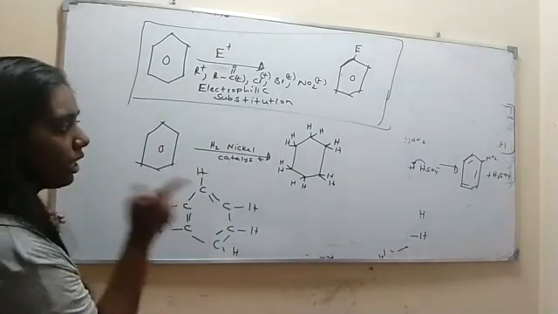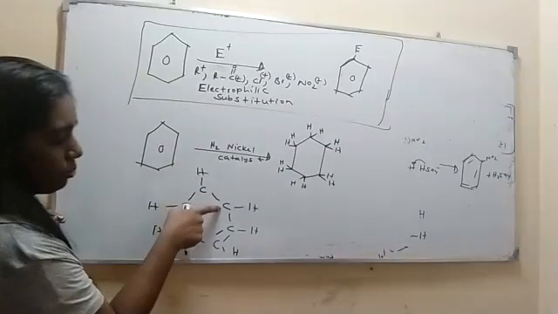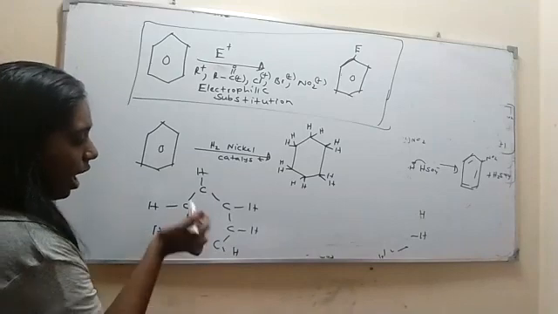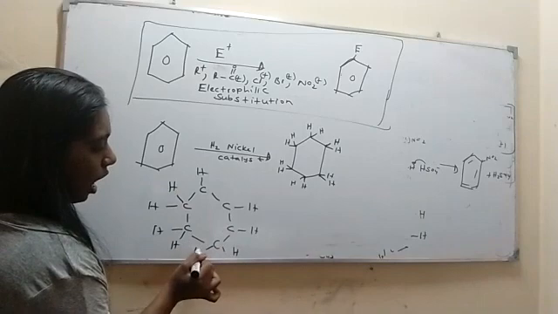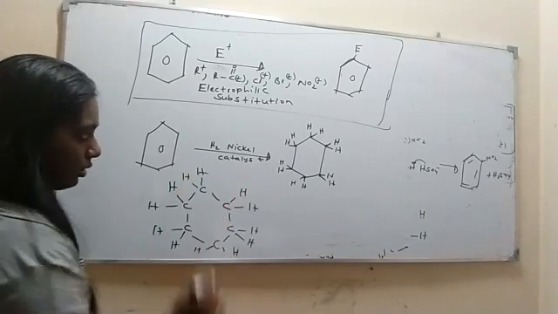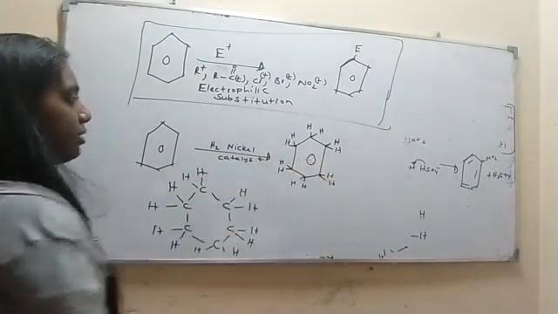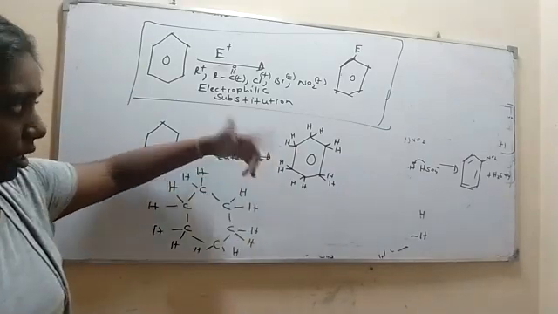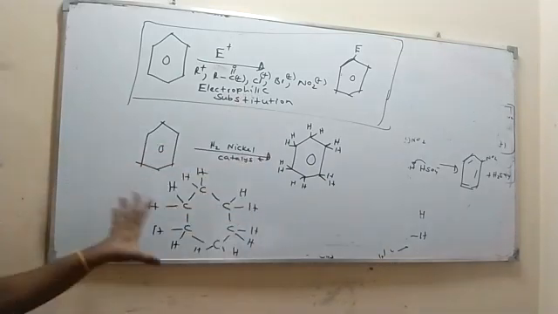When we put H2 nickel catalyst on benzene, this double bond breaks, this bond breaks, and this bond breaks, and all the positions will be filled with hydrogen. Normally we don't show the hydrogen on the carbon chain, but to show that hydrogen is getting added, we are showing the hydrogens too. So this is the product.